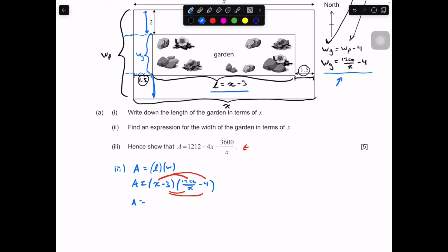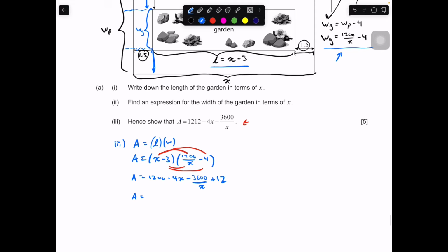A is equal to x times 1200 over x, x times negative 4x, negative 3 times 1200 is going to be negative 3600 over x, and negative 3 times negative 4 is 12. So, simplifying a little more, let's put our 1212, grouping just our constants. This negative 4x is the same, and we have 3600 over x. And thankfully they match up.